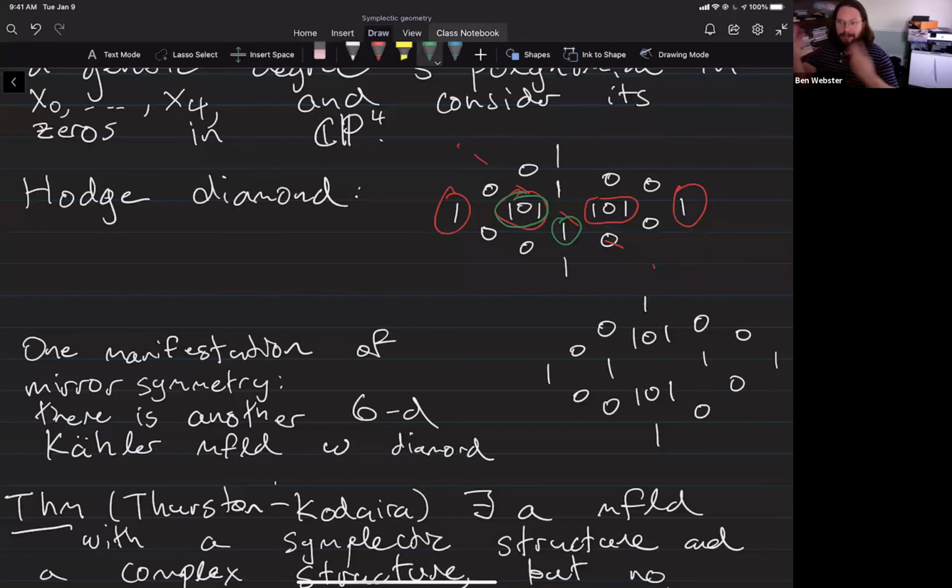I said pick a generic one. Well, there are a lot of choices there. And mirror symmetry is supposed to swap deforming the Kähler structure with deforming the complex structure. And that manifests in this reflection of the Hodge diamond. All right, so that's something we'll discuss in some more detail later. This is just the very first hint of it.